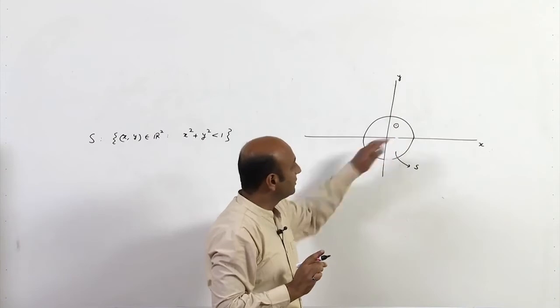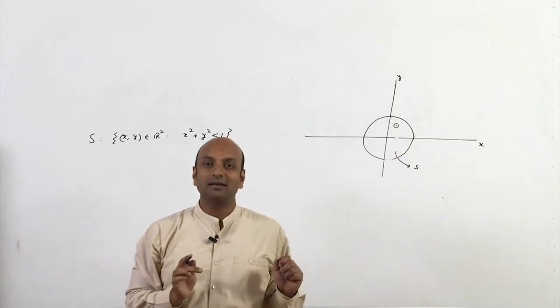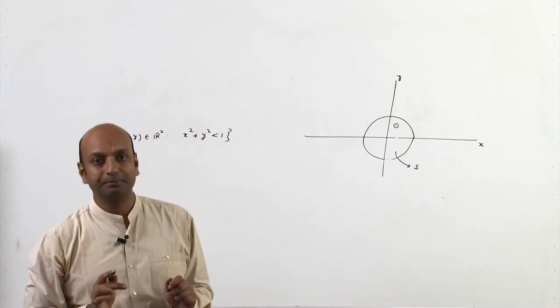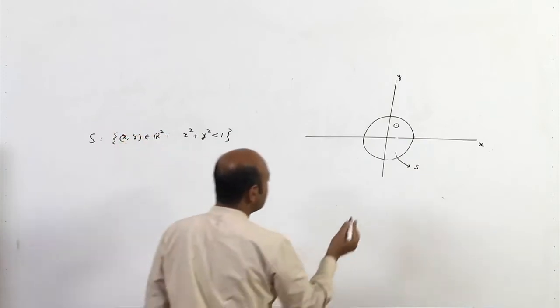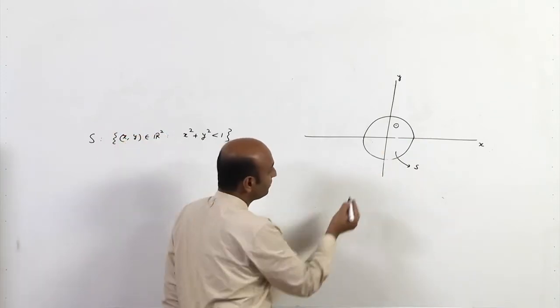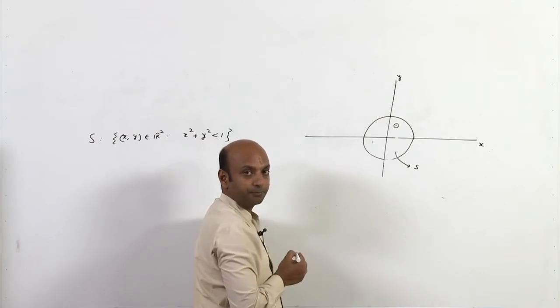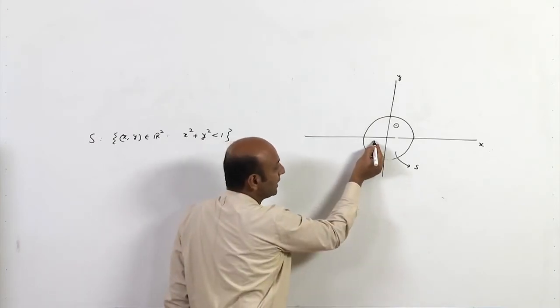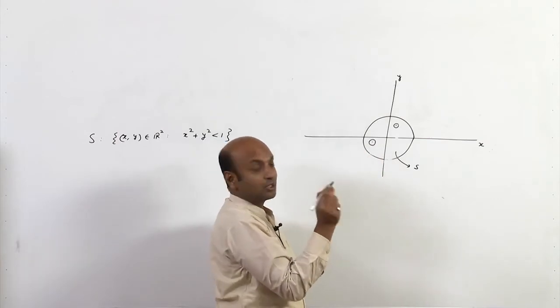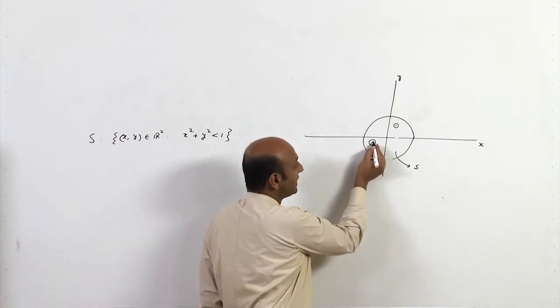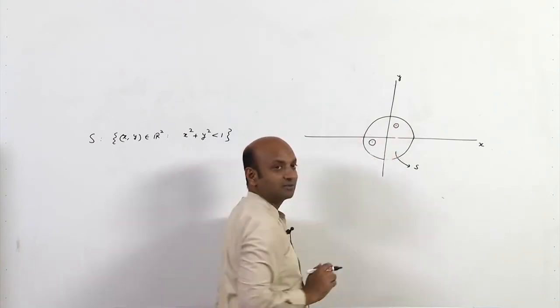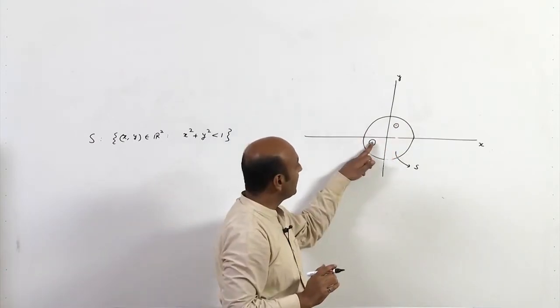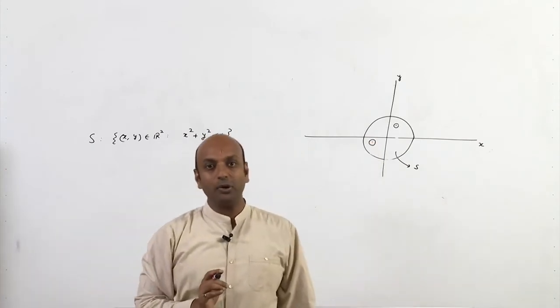So, we can call this point an interior point. If you take a point here, and draw a disk centered at this point, there will always exist a disk that lies totally inside this region. So, again this point is an interior point.